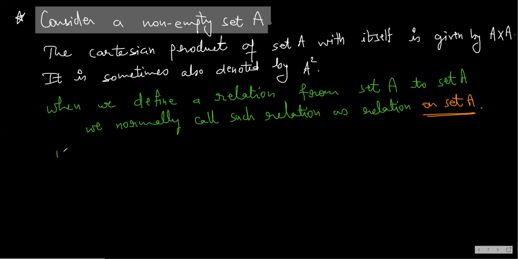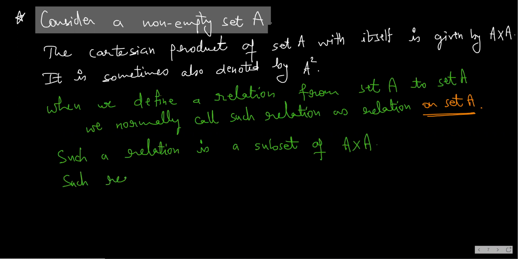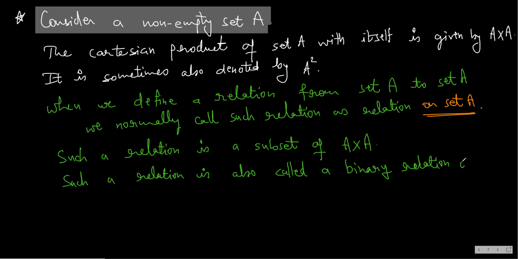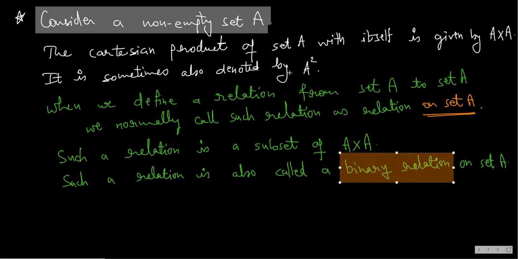Such a relation is a subset of A cross A. Such a relation is also called a binary relation on set A. So remember, students, whenever you come across the term binary relation, you should understand that such a relation is defined on a set.